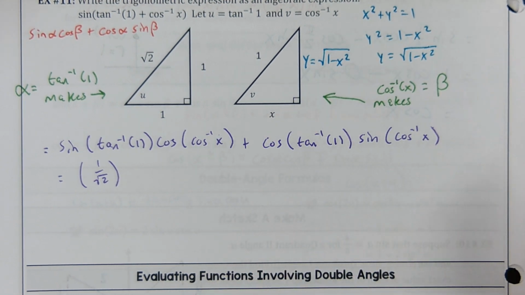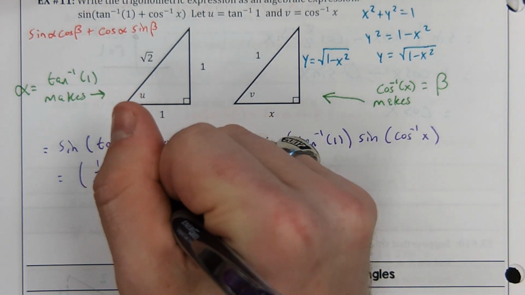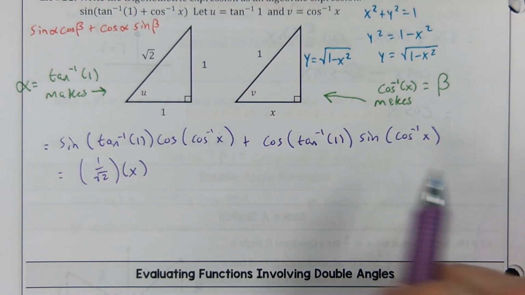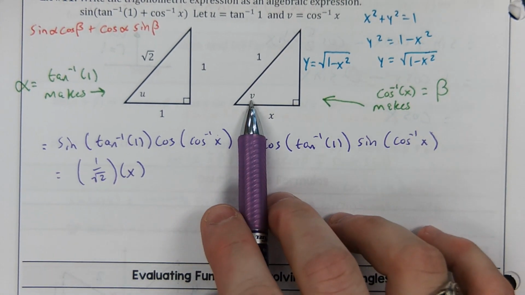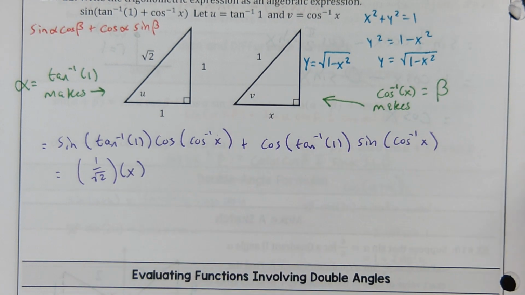You know what cosine and cosine inverse do to each other in quadrant 1? They cancel each other out. All trig and its inverse cancel each other in quadrant 1. So it's just x, because cosine and cosine inverse cancel. If you weren't sure, you could say, what is cosine here? Oh, it's x over r. x over 1? x. Okay.